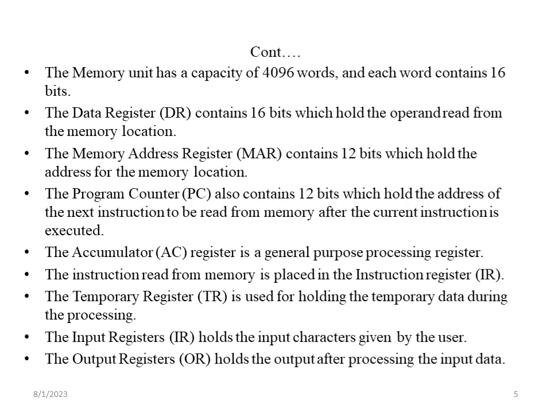The memory address register, which is widely used for program execution, contains 12 bits which hold the address of the memory location. The next one, the program counter, also contains 12 bits which hold the address of the next instruction to be read from the memory after the current instruction is executed.